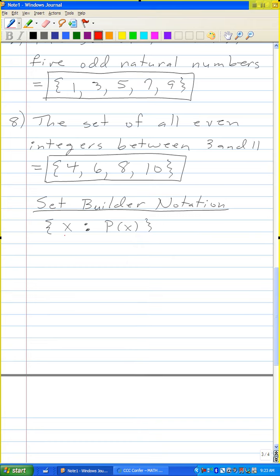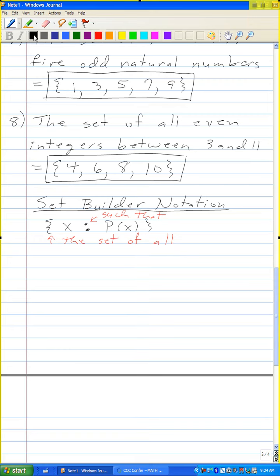And so this means the set of all x, and then this means such that. So the set of all x such that whatever.